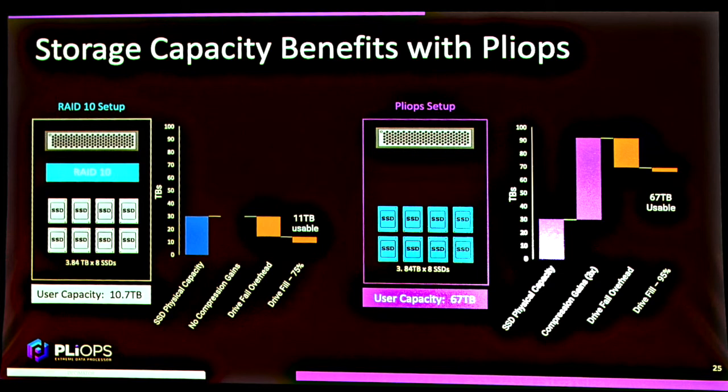And if you are using only 75% of your SSD capacity, because you may think the remaining 25% will impact the performance, we'll make sure that it runs up to native. So just by changing, inline compression, switching from RAID 10 to RAID 5, and increasing the drive utilization, you get 6.6x higher capacity.